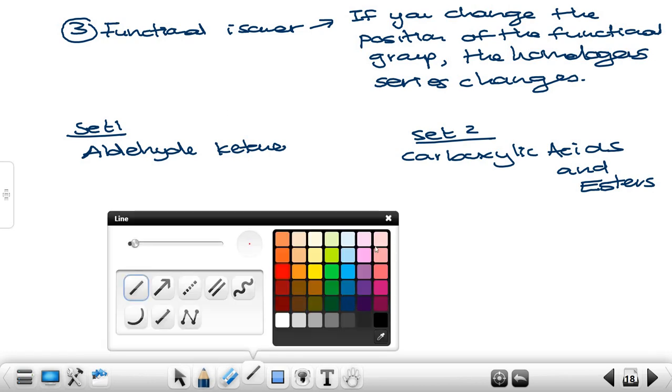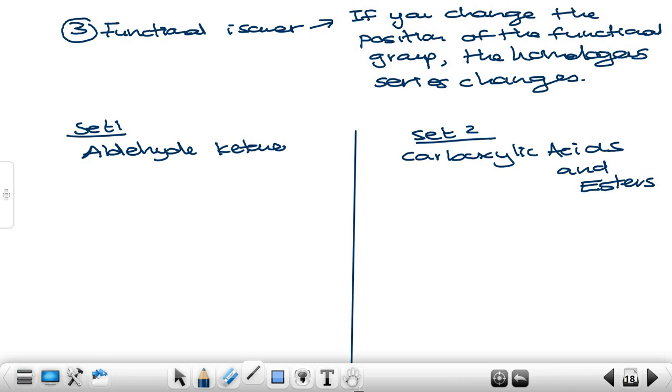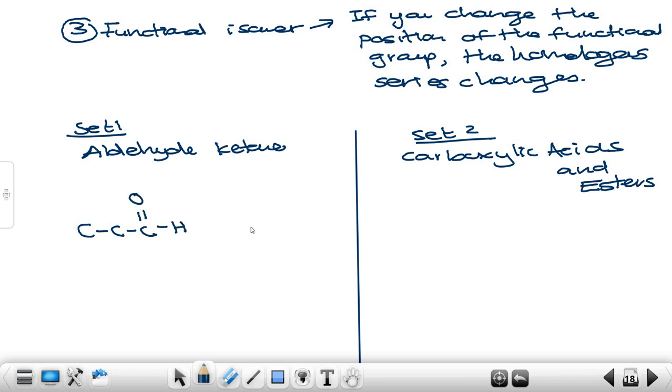So now let's look at the structures of these organic compounds, right? When we talk about propanal, propanal is an aldehyde. So it's 1, 2, 3, double bond O and H. Ketone, propanone, 1, 2, 3. It is here in the middle.